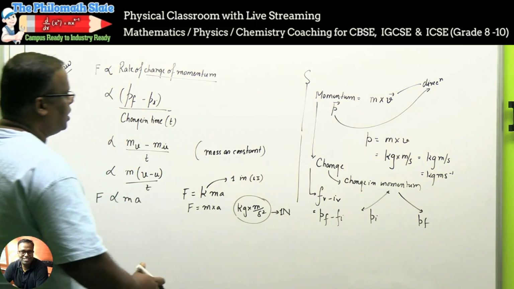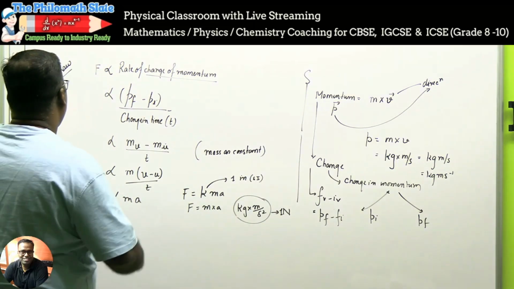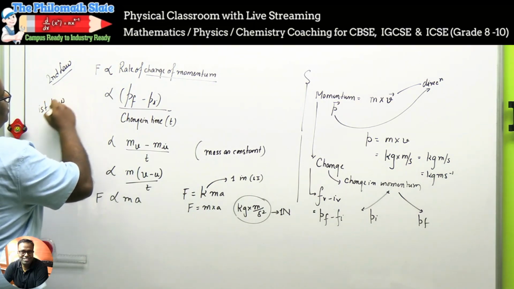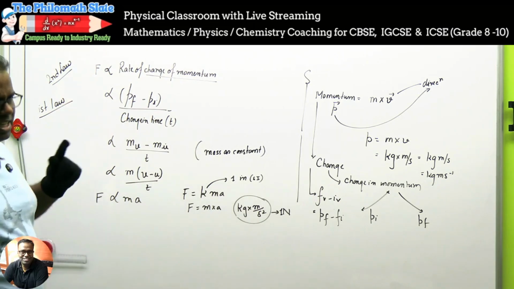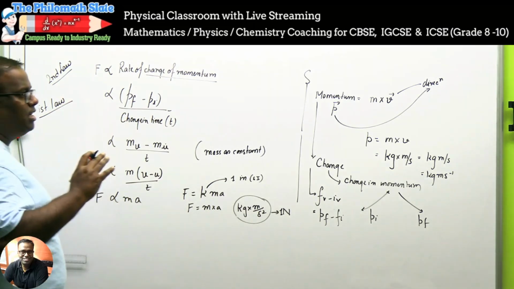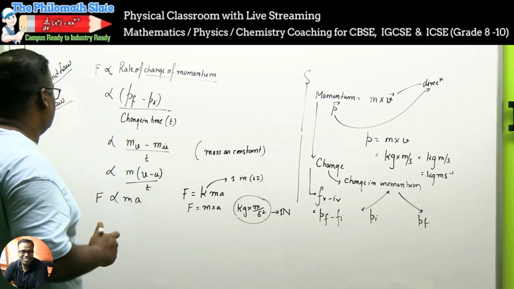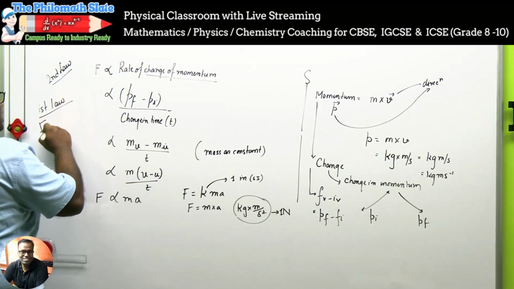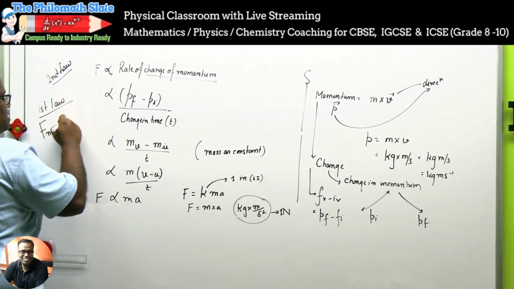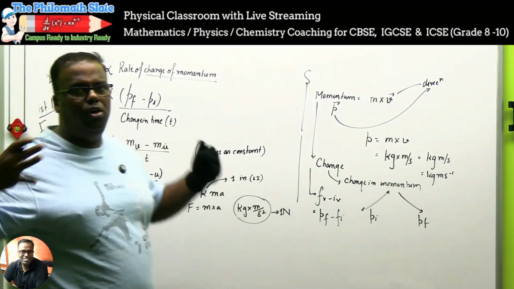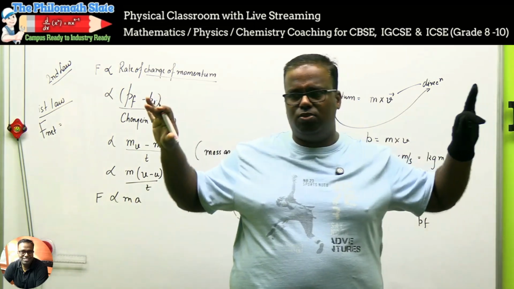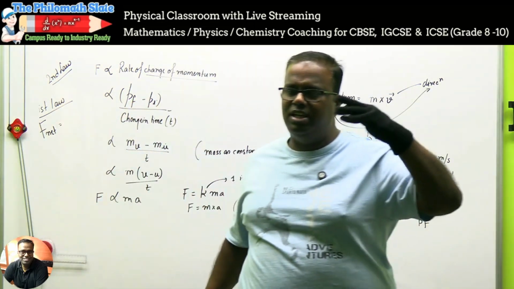Newton's first law actually defines force. And if you ask me, sir, does it mean that the first law does not give us any sort of mathematical relation? It does, but it's like a conceptual relation. The first law states that in a system, if you find that there is a net force acting, net force means you take all the forces acting on the system, try to take their resultant and cancel the forces, and then if you find finally that yes, there is a net force.